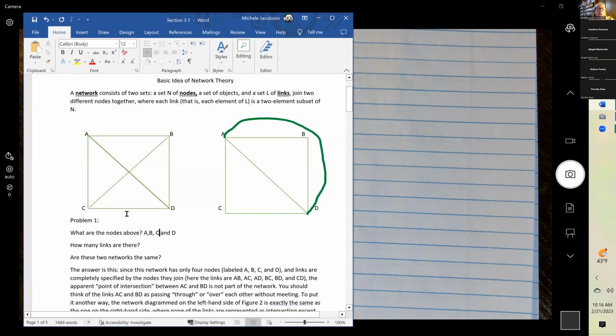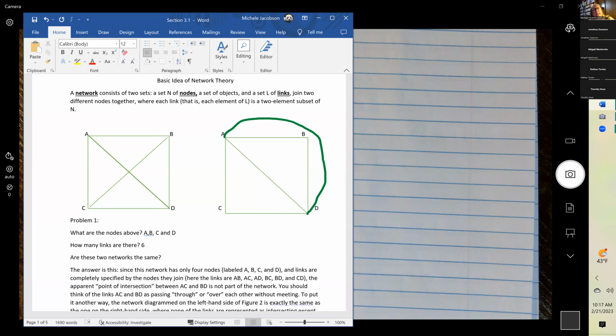There's 1, 2, 3, 4, 5, 6. Here they don't have a node, so these are just straight lines that cross each other. Notice here we have the 4 nodes again, and we have 1, 2, 3, 4, 5, 6 links, just like the other one. Any questions on nodes and links?